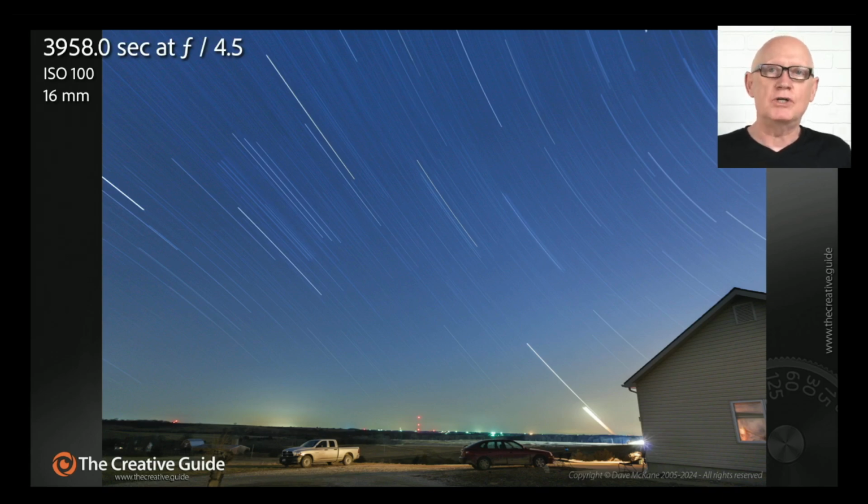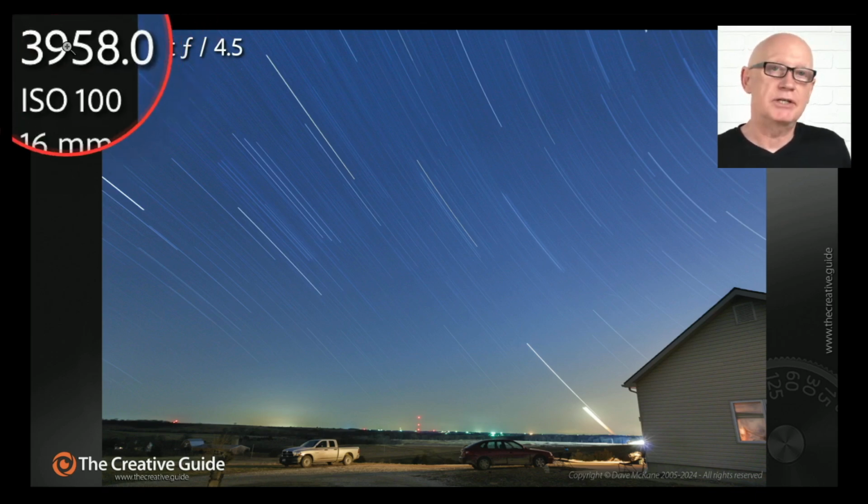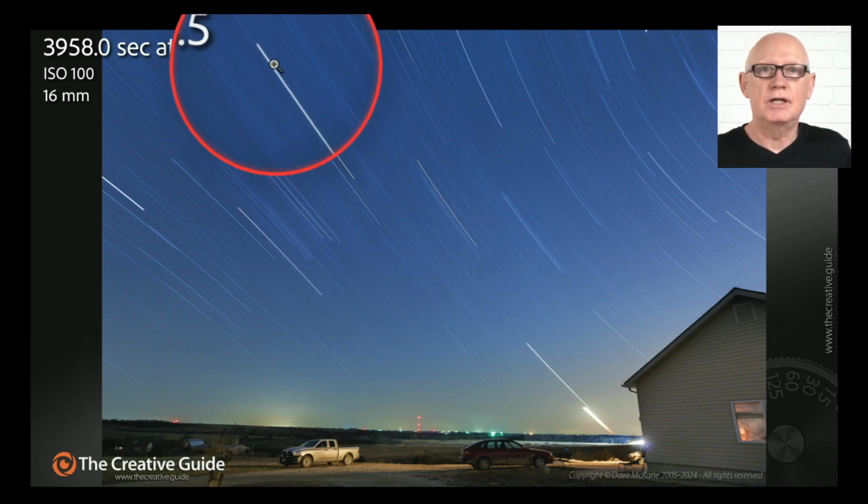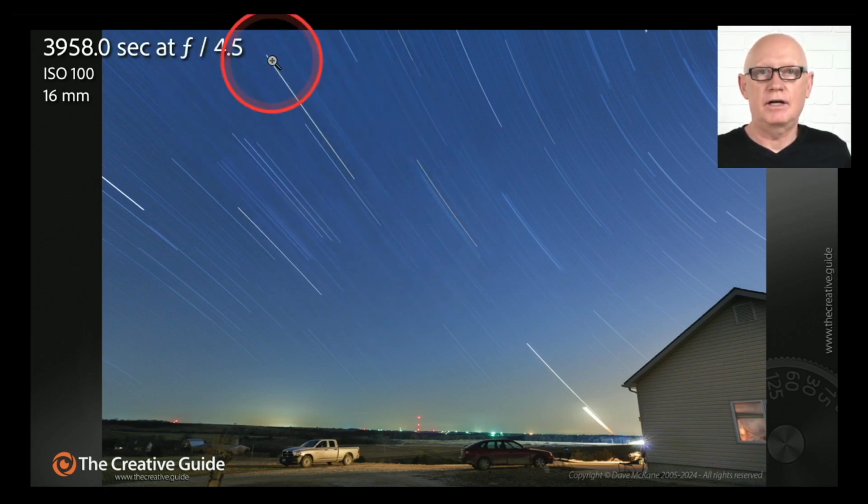So manual mode will go usually up to 30 seconds, whereas bulb mode, the shutter is open as long as the shutter button is pressed. 3,958 seconds, that's what was needed to be able to get those light trails to go so far into the shot. No longer single specks in the sky, they're actually trails.